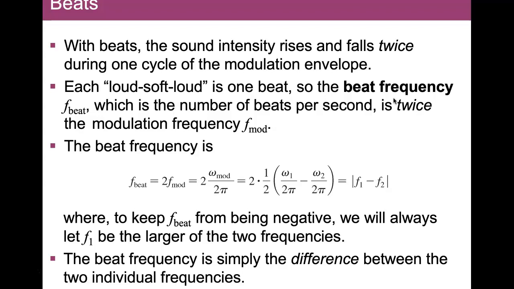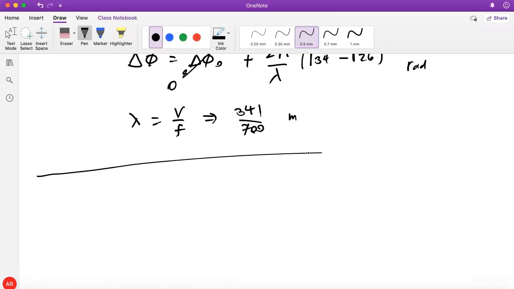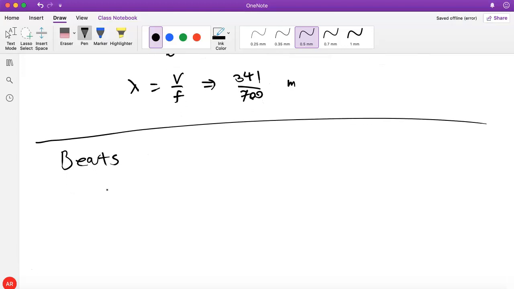Okay. So the frequency of the beats is just the difference between the frequencies of the sources. So to understand the phenomenon of beats, let's just consider two sine waves with the same amplitude.